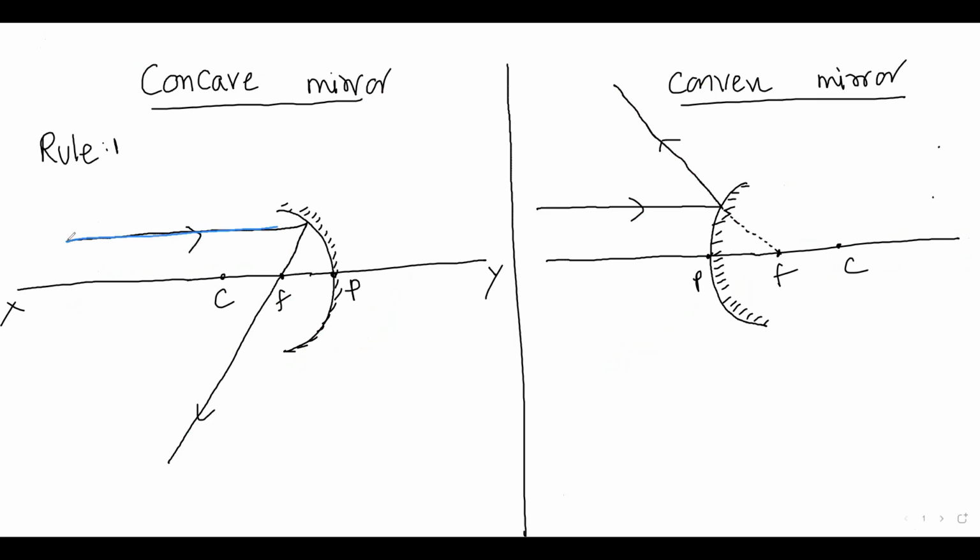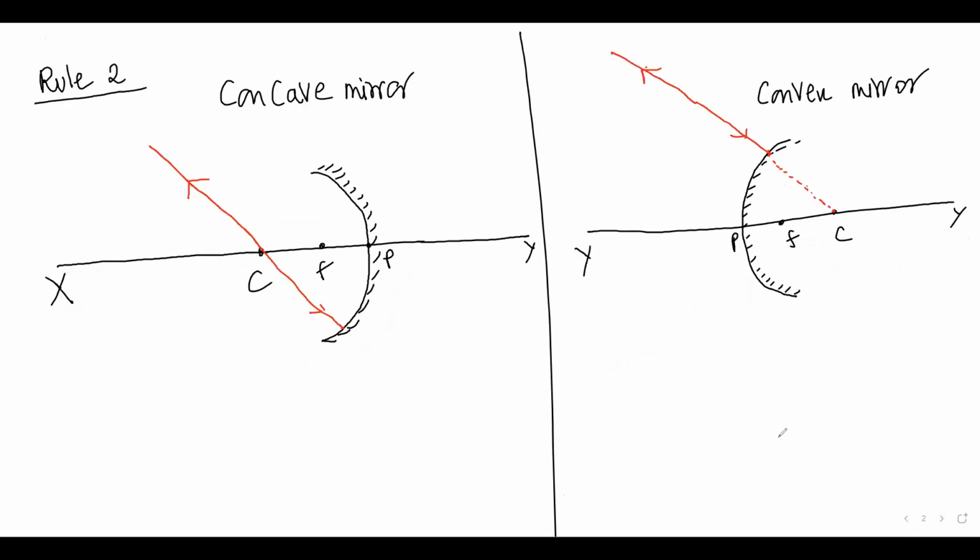Parallel ray passes through the focus. Parallel ray reflects in such a way that it is coming from the focus. A ray passing through the center of curvature will reflect back in the same direction. A ray moving towards the center of curvature will reflect back in the same path.